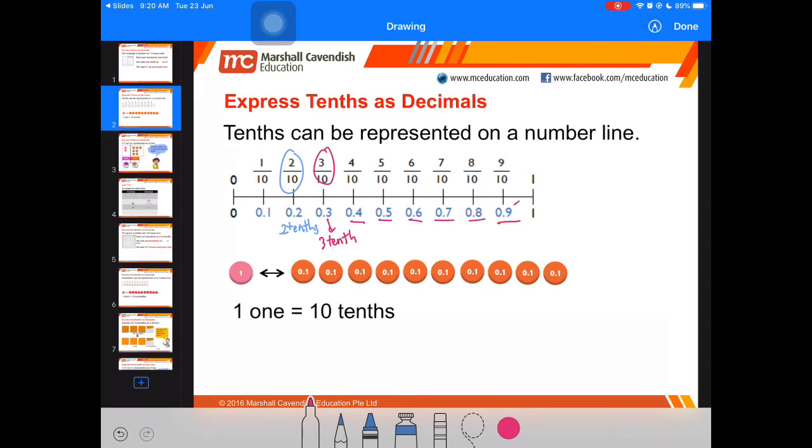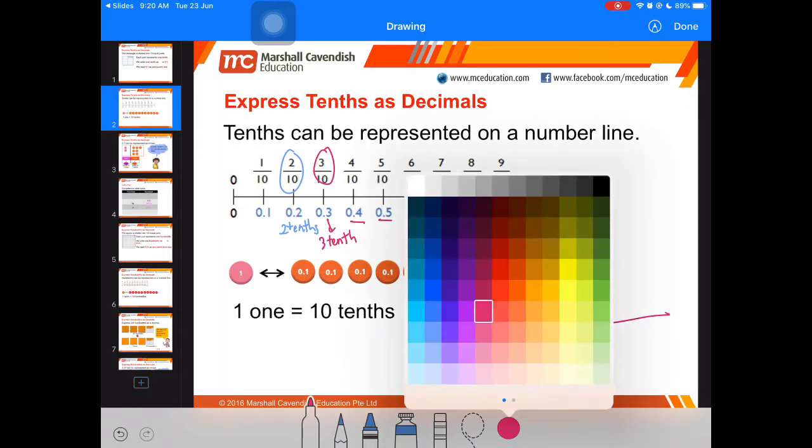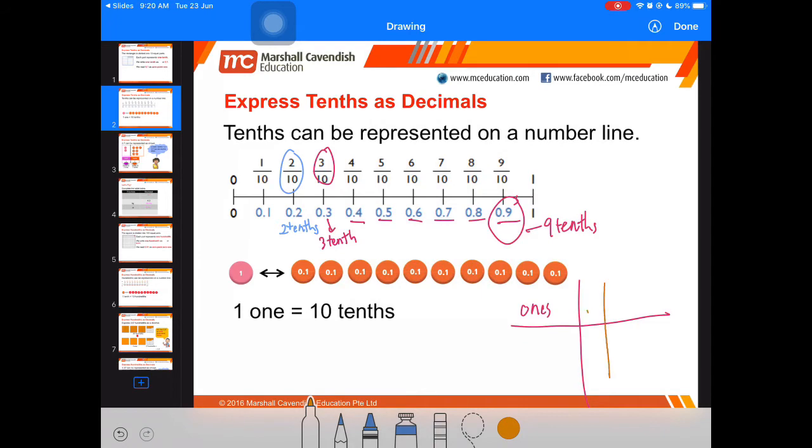So I'm going to use 0.9, okay? This is 9/10. If I draw the place value, I'm just going to write the ones and the decimal point, followed by, what's the place value after the decimal point? Yes, you are correct, tenth with the TH, because this is less than 1.